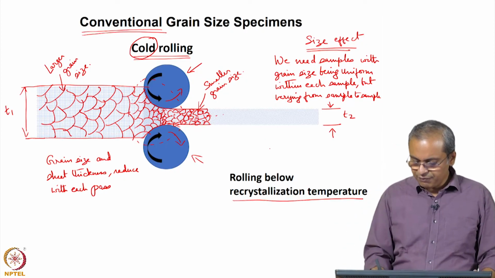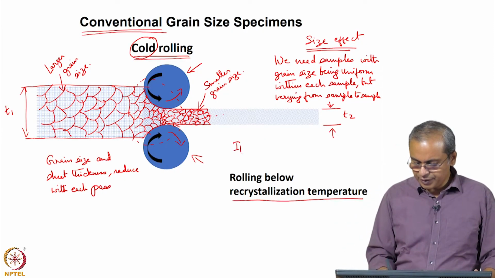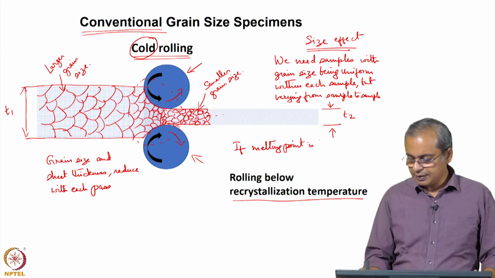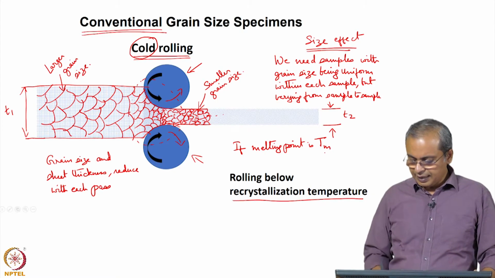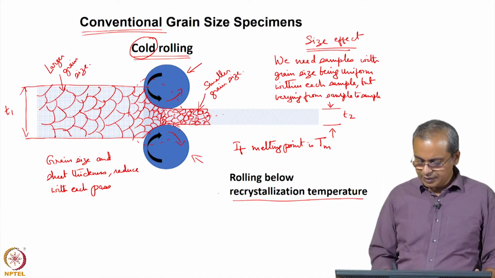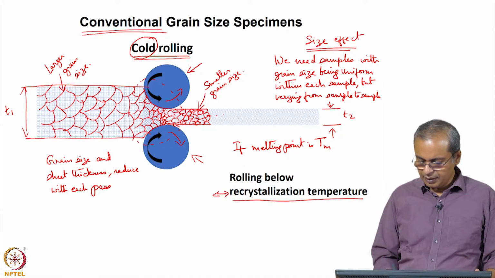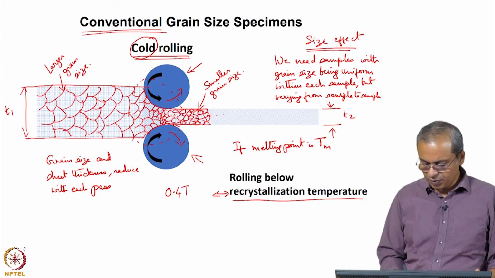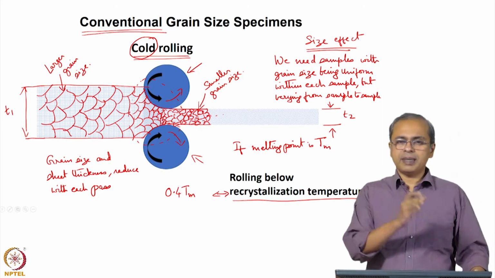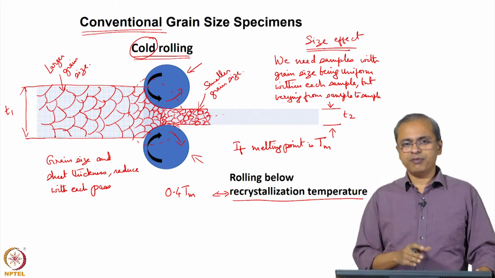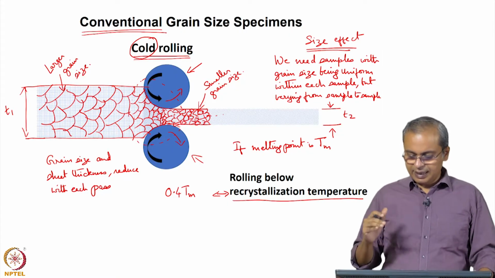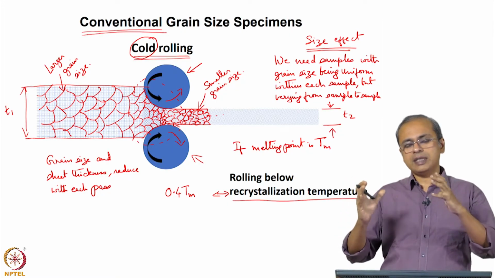If the melting point is T subscript m, then this recrystallization temperature is typically of the order of 0.4, 40% of the melting point. So, sometimes it is 30%, sometimes 40%, sometimes 50%. So, 0.3, 0.4, 0.5 in that range of the melting point, and that is the recrystallization temperature. You have to stay below this.